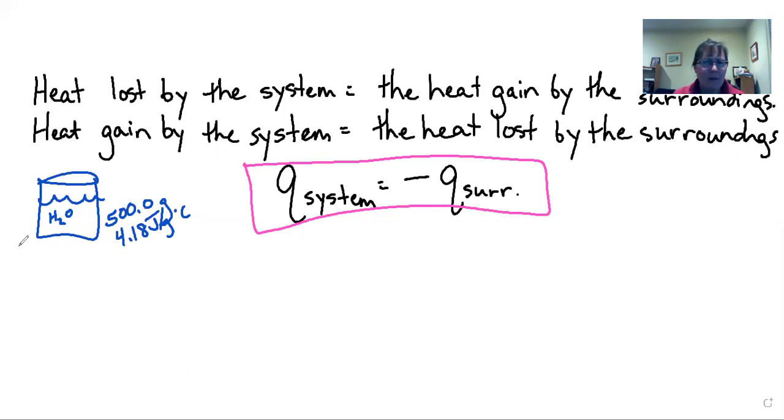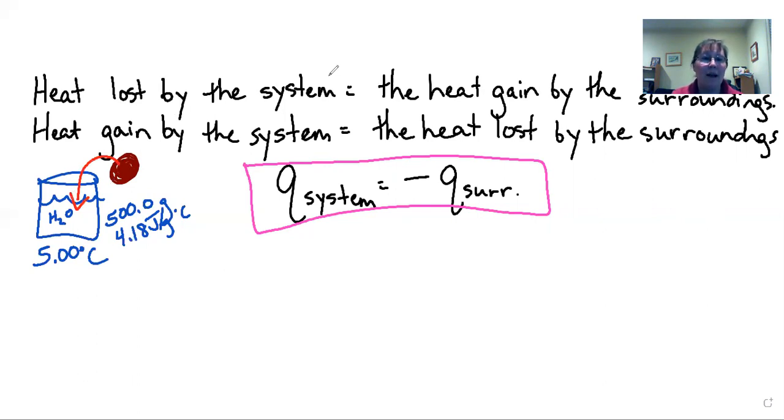I'm going to make it very, very chilly water so that I have room to work with this. Let's make this water 5.0 degrees Celsius. Okay, now I want to add to it a piece of iron. So let's say that I have my iron here, and I'm going to add my iron to my water.